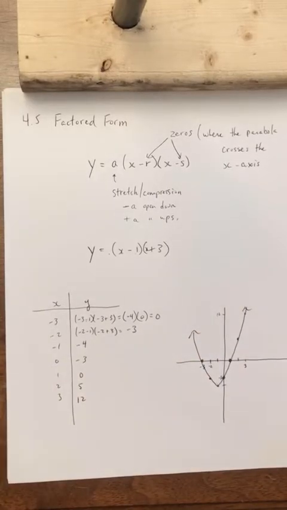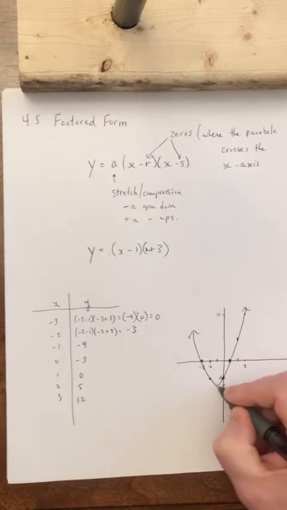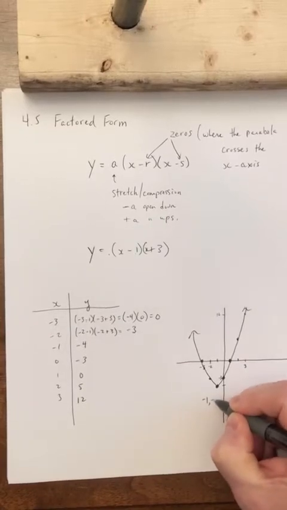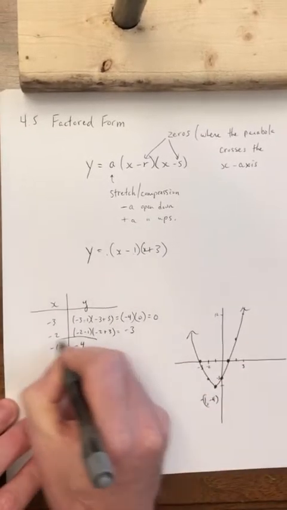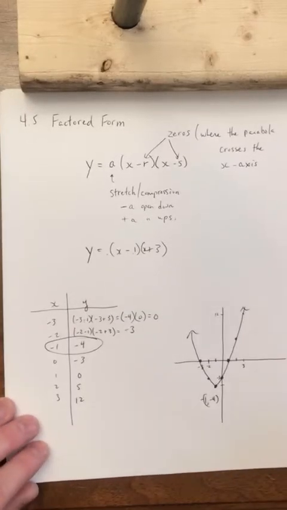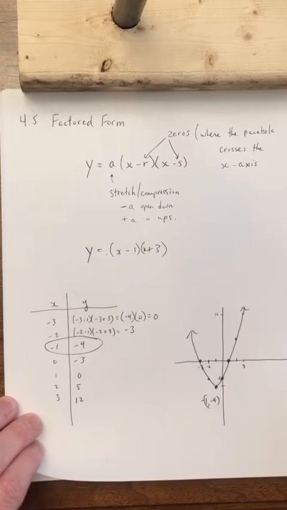So you can see this is a parabola that has been shifted to the left 1 and shifted down 4, and so here is our vertex at negative 1, negative 4. There's our vertex right there. So that is what this looks like graphed.